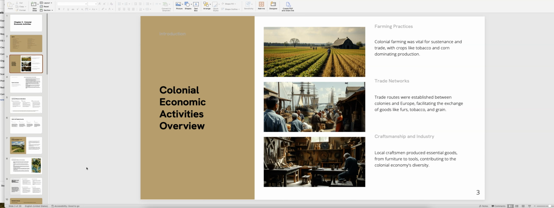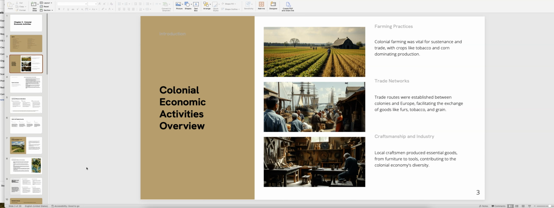In terms of craftsmanship and industry, I'm not entirely sure why AI put this in the slide, because to be honest, there's not a lot. That was the point of the New World. If local craftsmen were producing essential goods, it was only for home production. They would not have been exporting finished goods back to the old world.